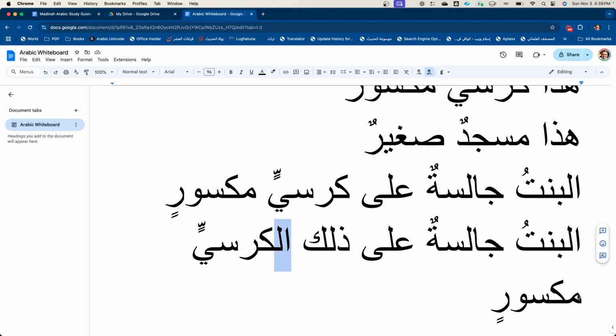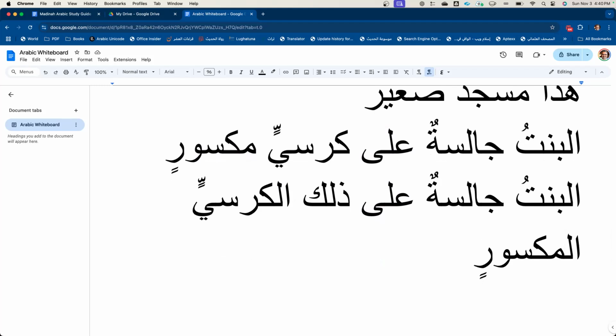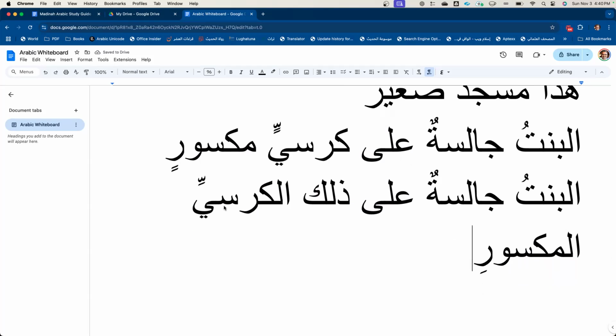So now the adjective will also have al in it. Make sense? And this whole thing is going to be majroor. على ذلك الكرسي, because the tanween drops if we do the al. I made a mistake. Al-maksuri.